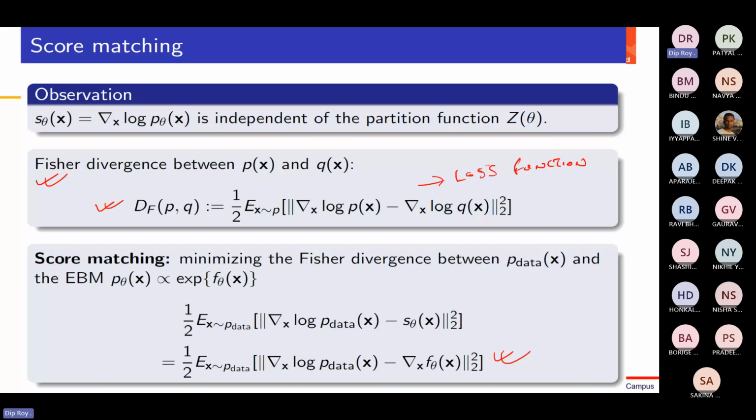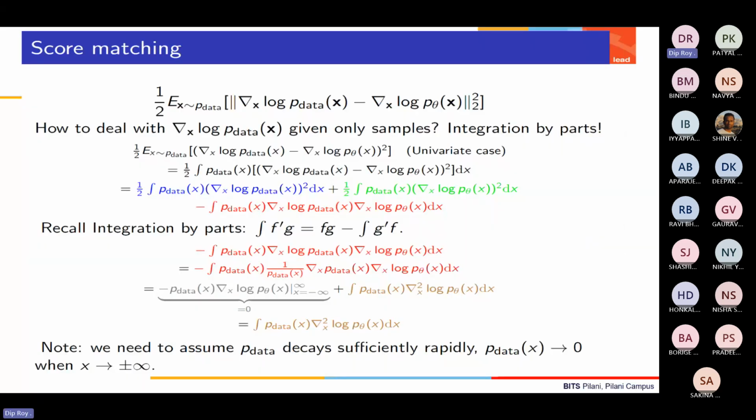Now, what do we do? Can we come to a functional form where we don't have to know P of data? Okay. And that brings us to this particular thing, which is essentially just a mathematical derivation.